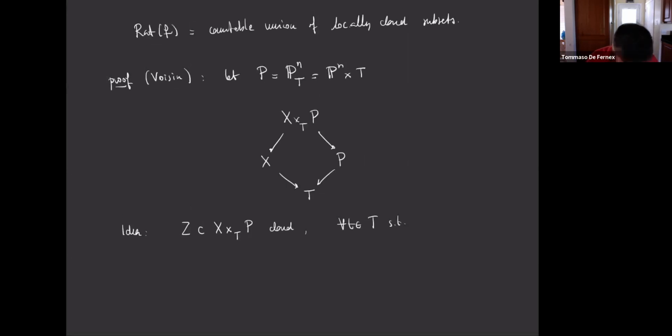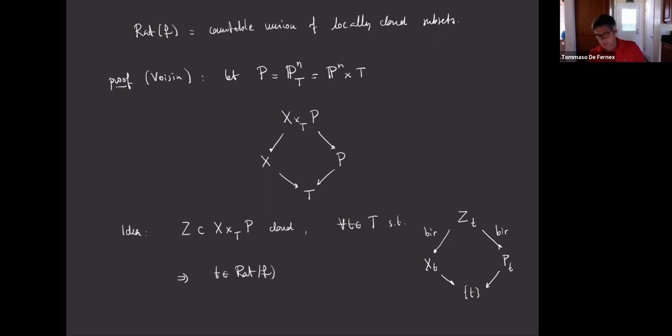So I'm going to look at the fiber of the point t, and this gives a correspondence between X_t and P_t. So if I have that the two projection maps are birational, then of course this implies that t belongs to the rational locus. So this is the rough idea.